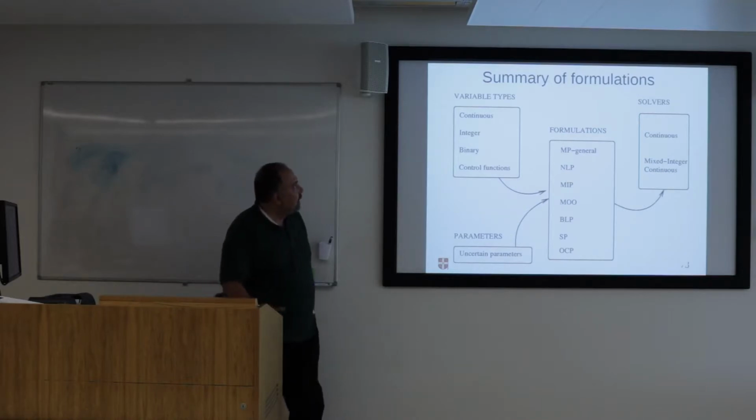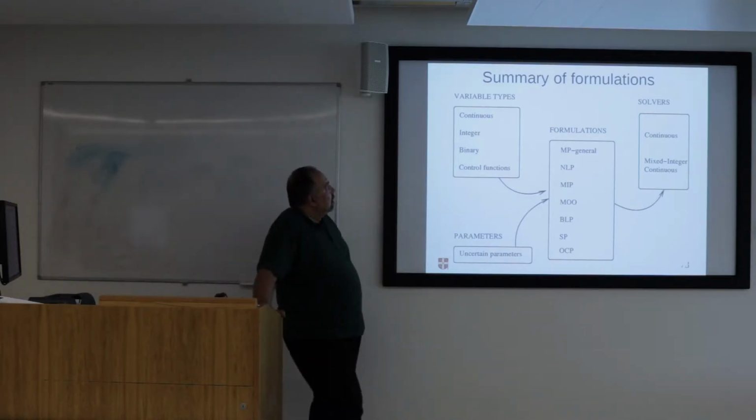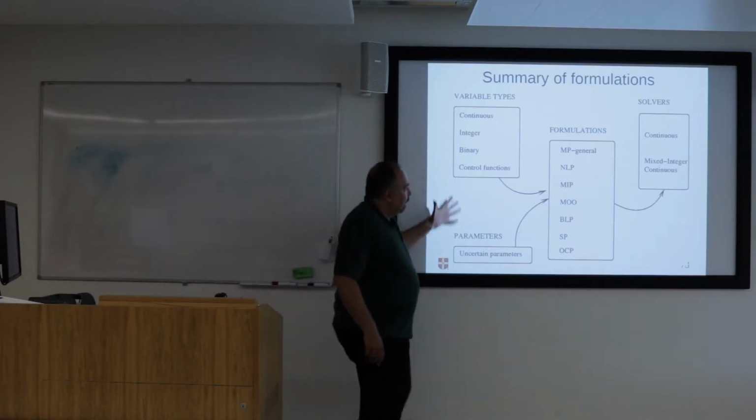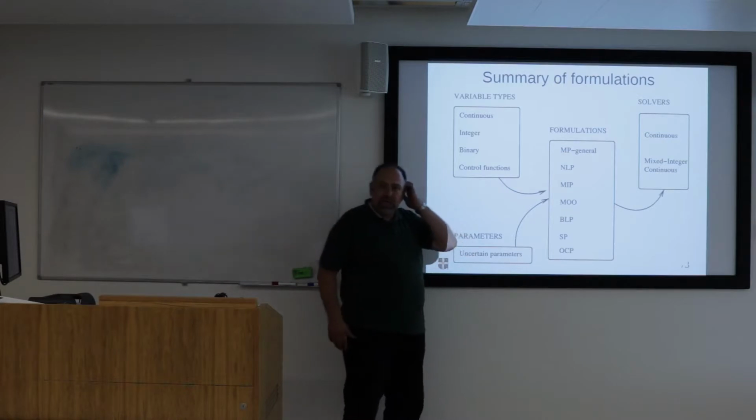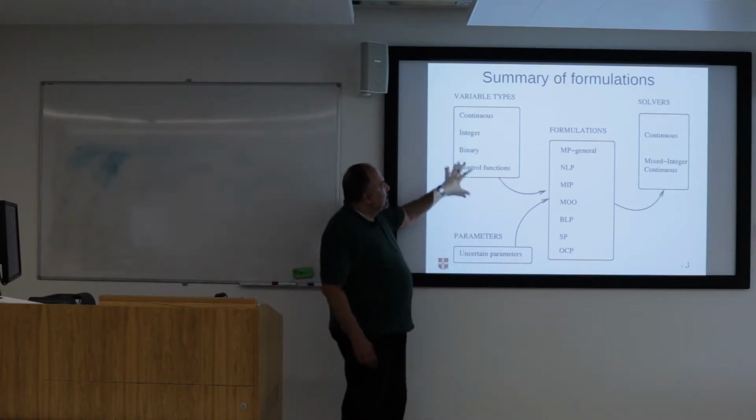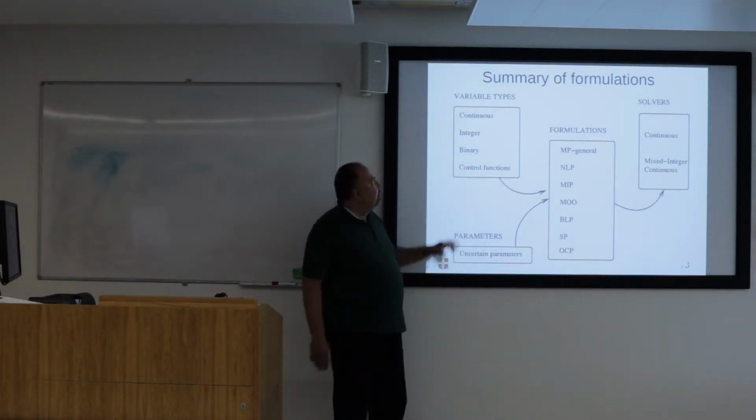So moving on. This is actually a summary of all the formulations we've seen so far. So what we talked about and what optimization can do, or how you can do it, is encapsulated in this picture.